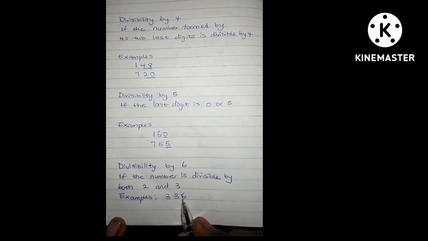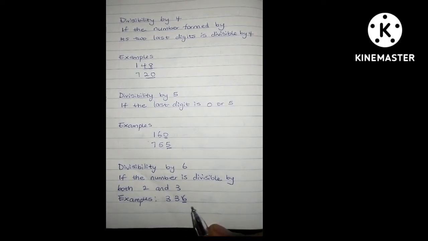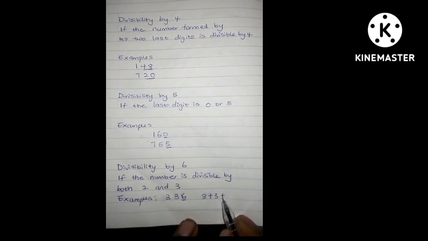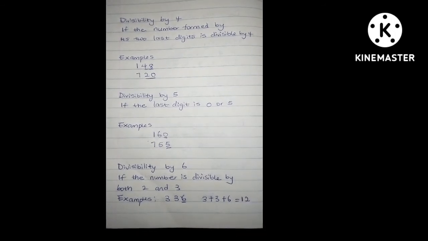The last number here is 6. That means it is divisible by 2. And if we take the sum of this number, which is 3 plus 3 plus 6, it is going to give us 12, which is divisible by 3. So that means 336 is divisible by 6.